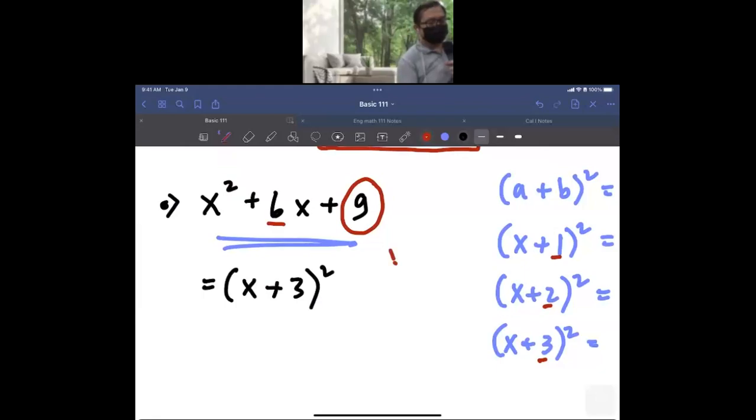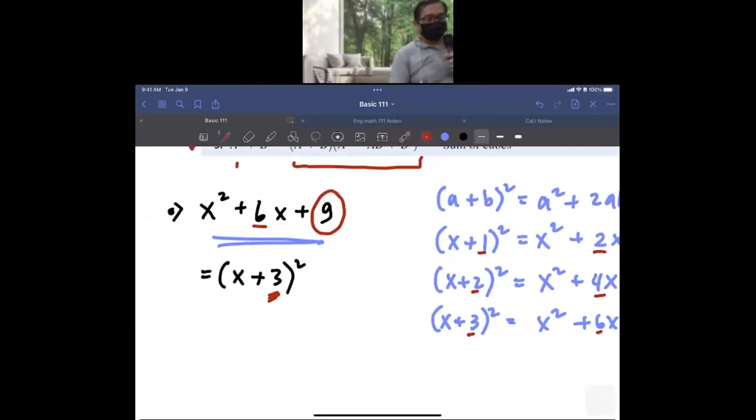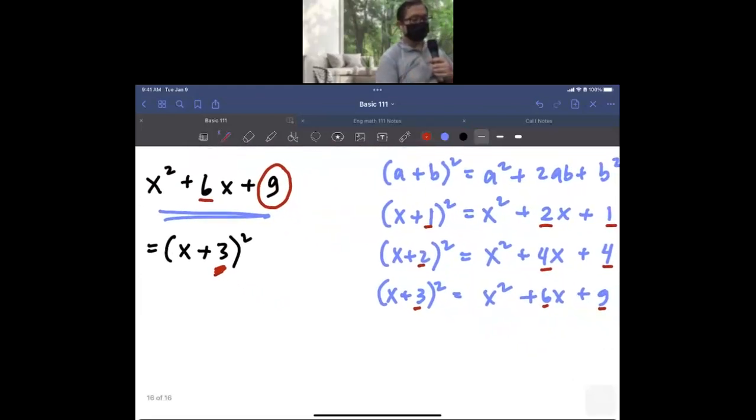How can we get 3? 3 is from 9, or the positive one of it. And then we check, multiply it by 2, it becomes 6. So 3 is our complete square, or our perfect square.